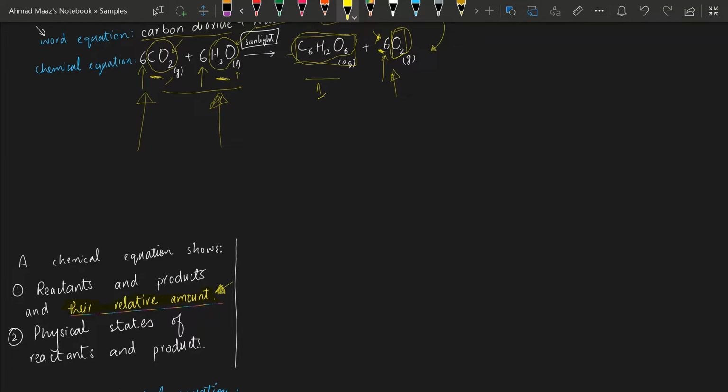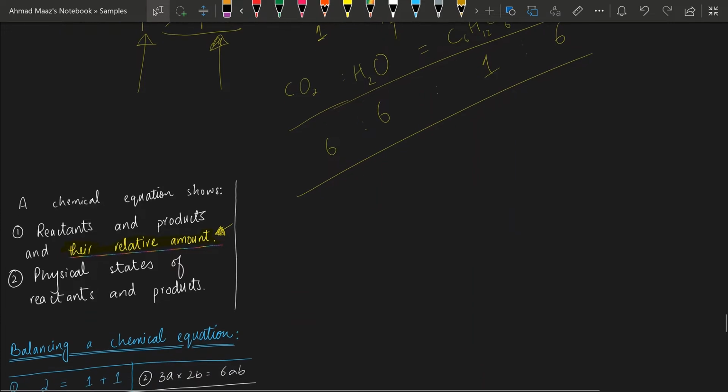That is the relative quantity. CO2 to H2O and glucose to oxygen, the ratio or the relation is 6:6 and 1:6. This is what relative amount means. Alright, this is the amount of each reactant and product that you need or that you get for this reaction of photosynthesis to take place.